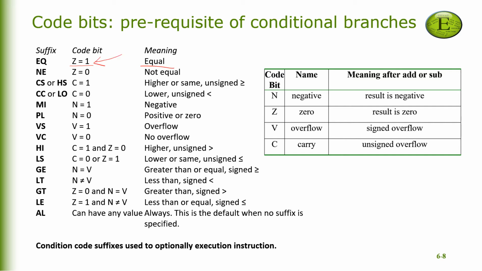I'm using the words flag and code bit interchangeably; they are just synonymous. So the Z code bit or the Z flag set equal to 1 is a signature of the equality check. Not equal, unequal: Z flag equals 0.